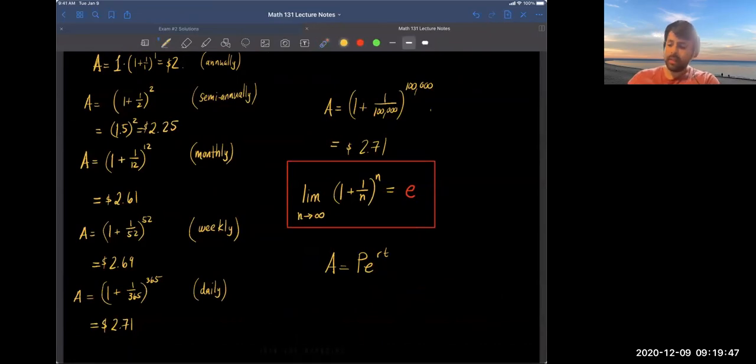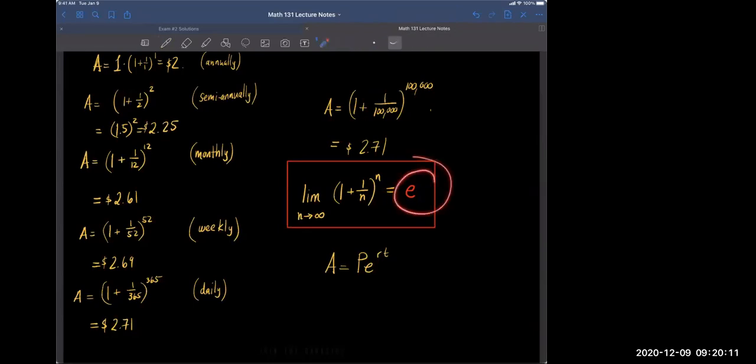And e, this number doesn't only come up in the money aspect of things. It also appears in nature. The way certain populations grow, e comes up. The way something heats up or cools down, e pops up. So that's why e is so special. So in the rise of COVID cases, would e pop up?